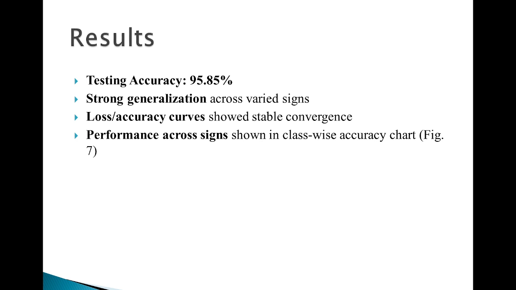The testing accuracy is 95.95%, which is quite good, with strong generalization across varied signs. The loss and accuracy graph shows stable convergence, and performance across signs is shown in the category-wise chart.